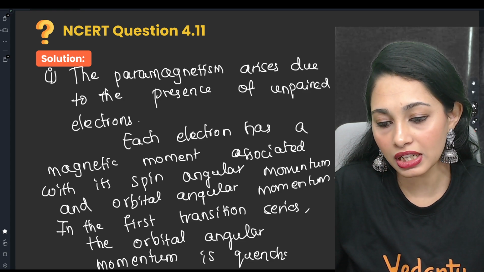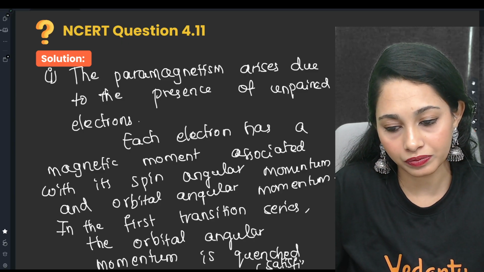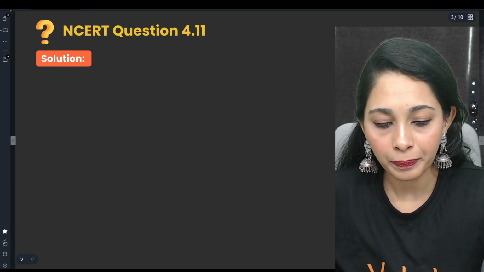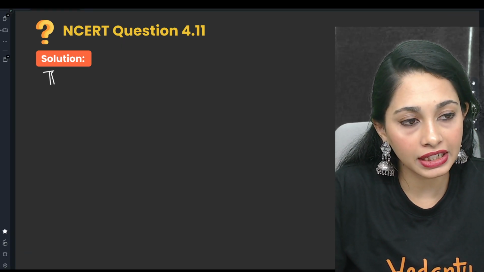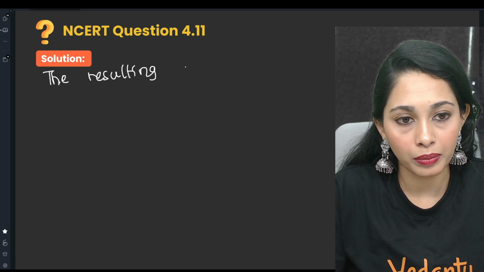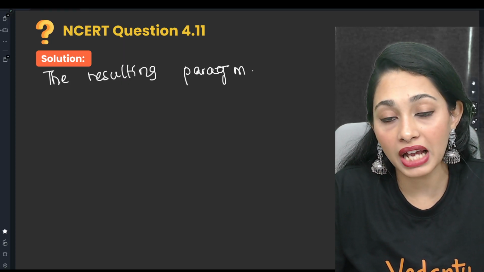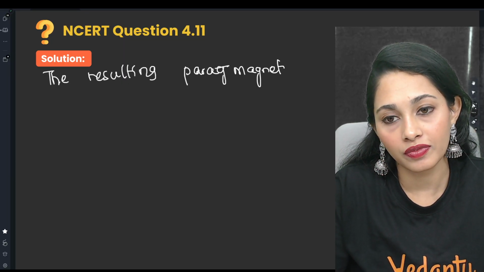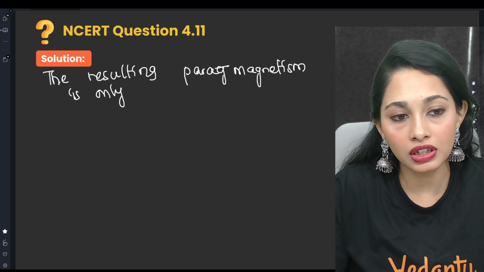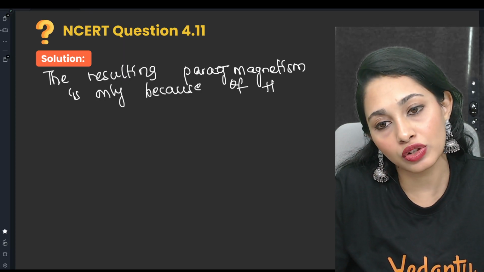Quenched is nothing but satisfied. So the resulting paramagnetism is only because of the unpaired electrons that are present.